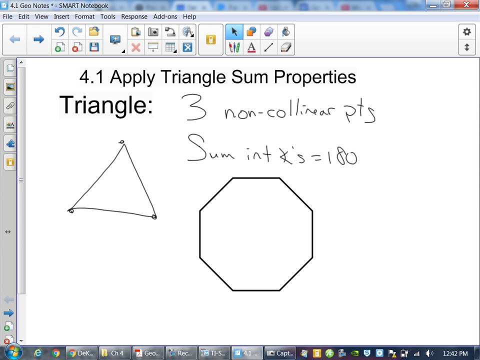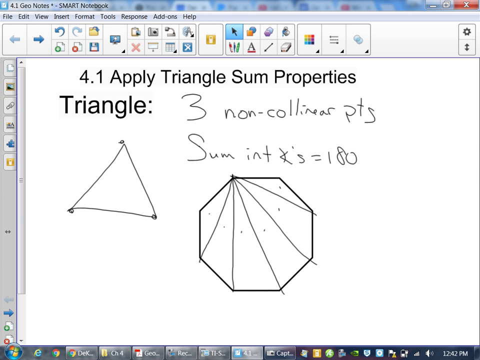It's got eight sides. Inside the octagon, you can fit 1, 2, 3, 4, 5, 6 triangles, which means the sum of the interior angles in an octagon would be 6 times 180. Things like that. So, we'll worry about that later.